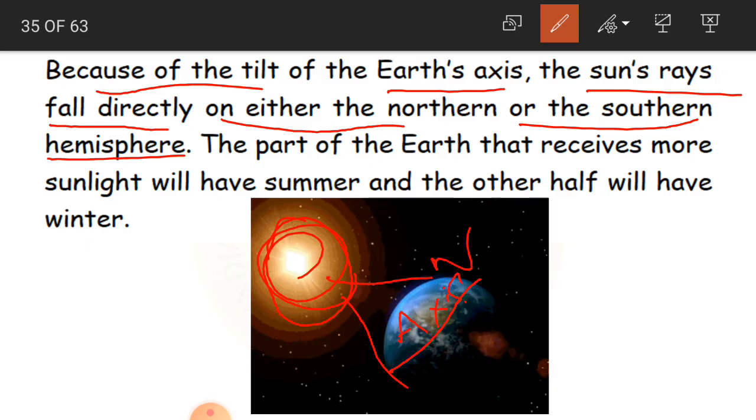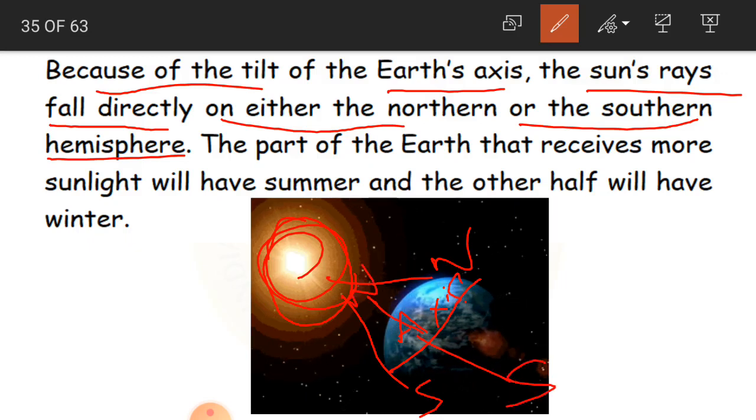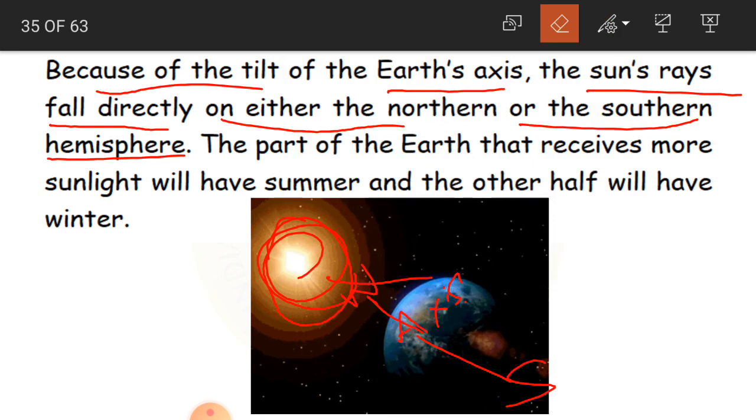Okay, if you assume this is north and this is south, the part of the earth that receives more sunlight will have summer, and the other half will have winter. So if this is north and this is south, children, just a minute. Okay, so one part will be having the complete sunlight and the other part will be having the darker shade.